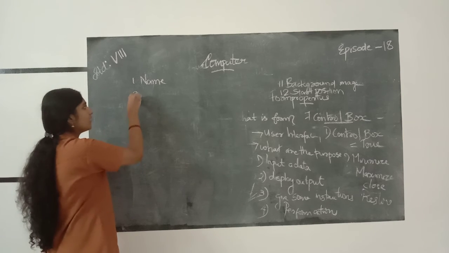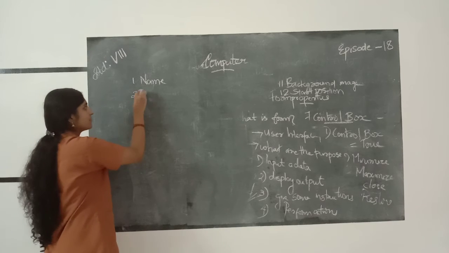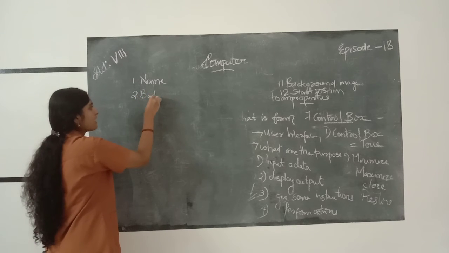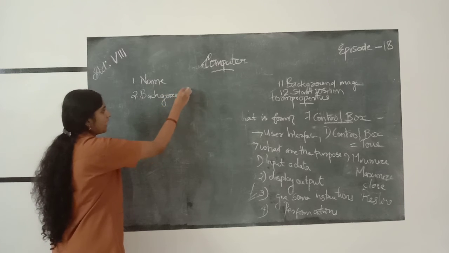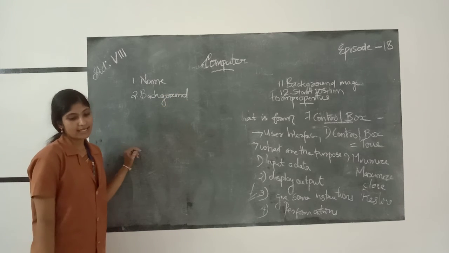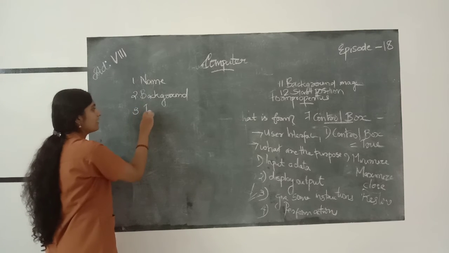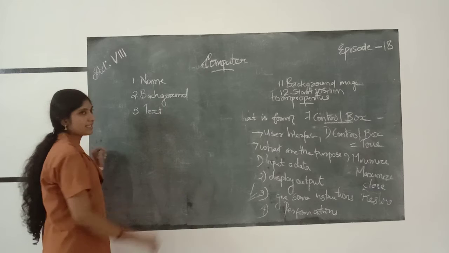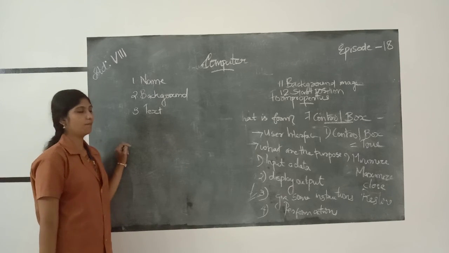Then the second one is back color, which defines a background color. So you can set a background color to that form. Then the third one is text. You can type some text, which will be displayed on the title bar of the form.